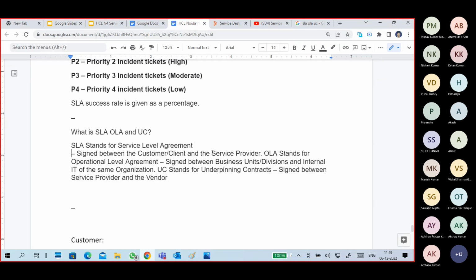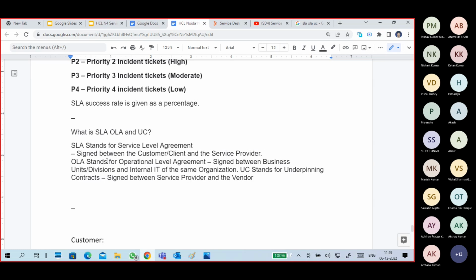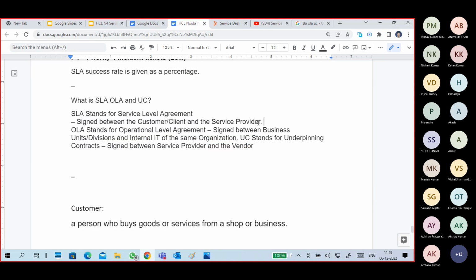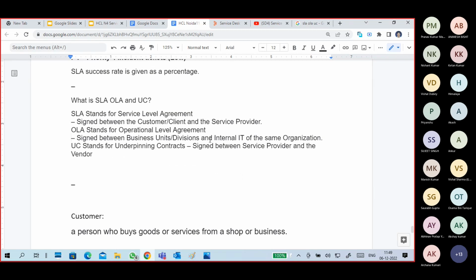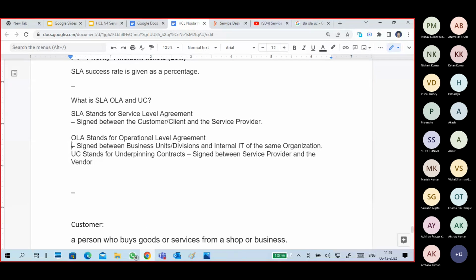That we should provide compulsorily, we have to provide, right? So that we will define in the signed document, which is between customer and a service provider. That is called a SLA. So the IT organization must provide services as per the SLA.